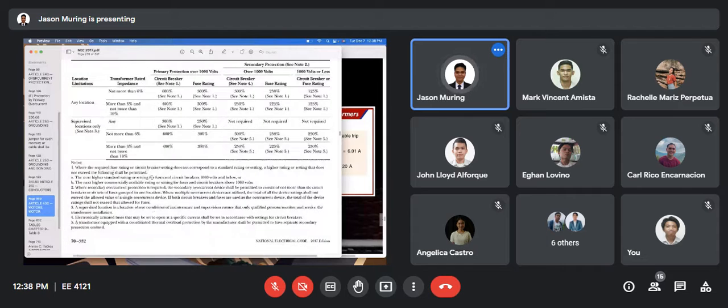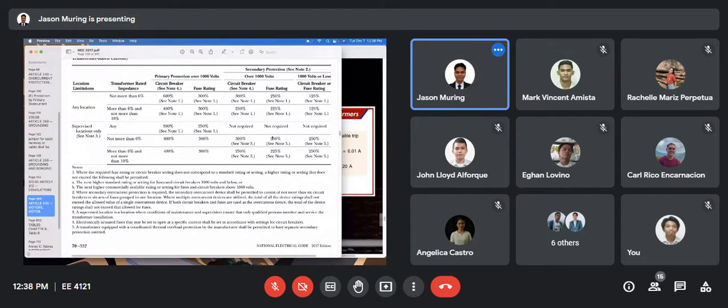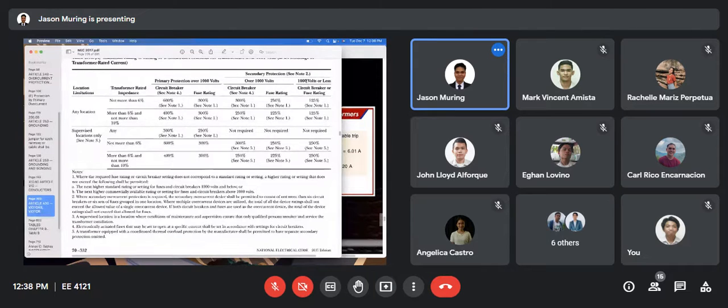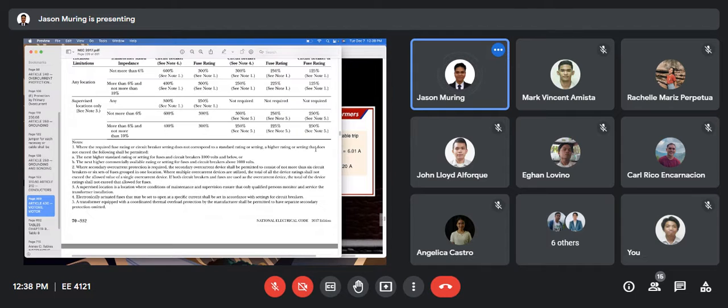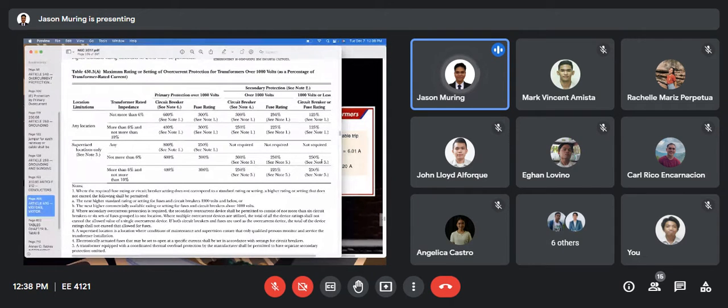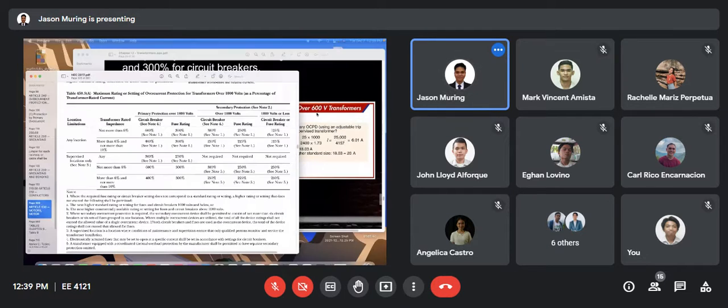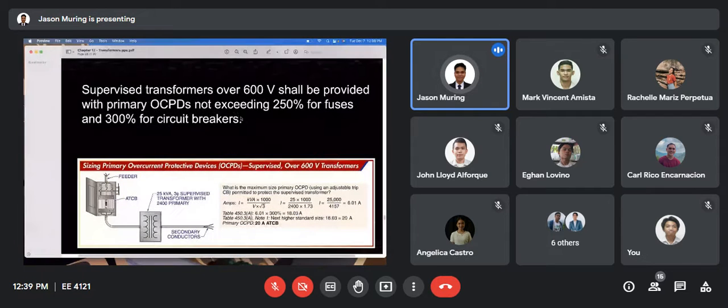So note 5. This one is a different note, circuit breaker or fuse. So in here, this is 250% and this is 250%, both for circuit breaker and fuse. So I don't know where you get it from.